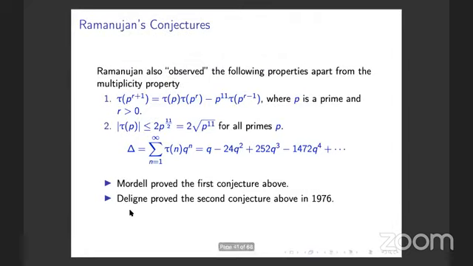The second one was only proved in 1974 by Deligne, for which he was awarded the Fields Medal. So you can see the power of Ramanujan's insights. From 1916, it took 60 years and all the tools of modern mathematics to prove this conjecture, which he intuitively somehow saw.